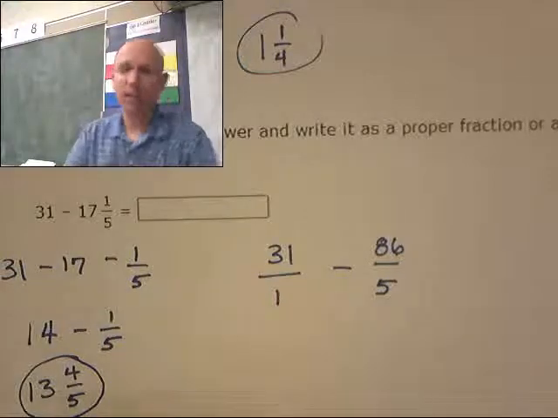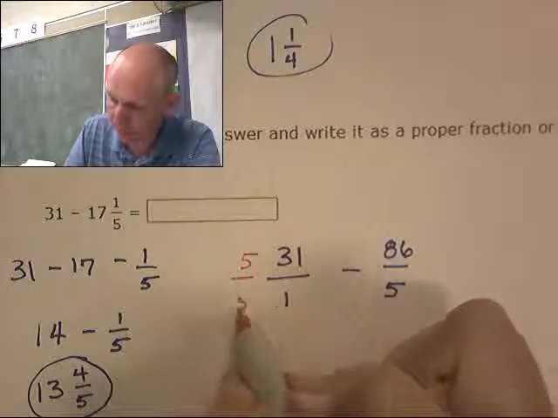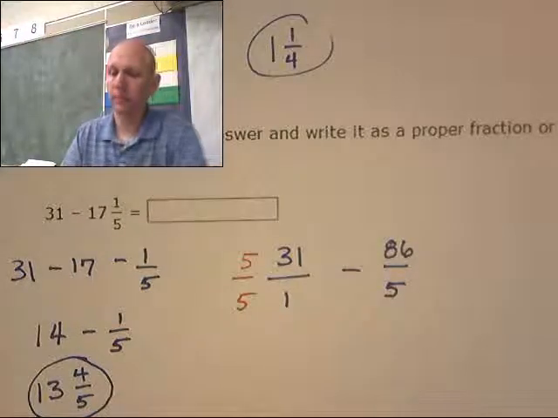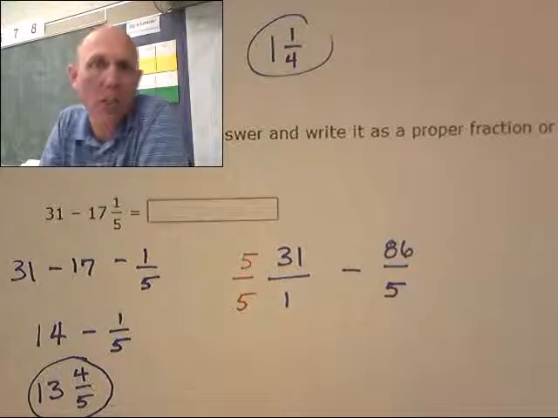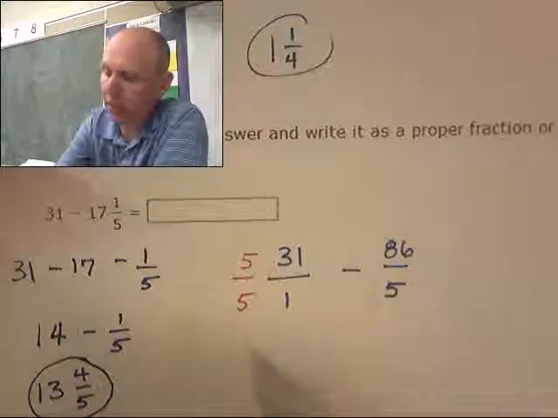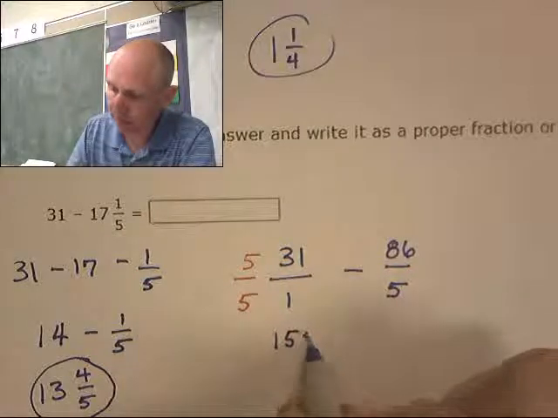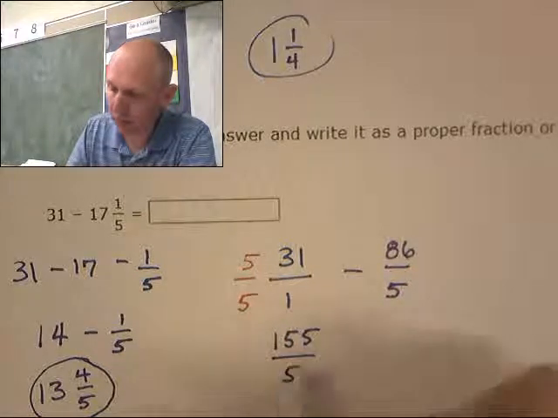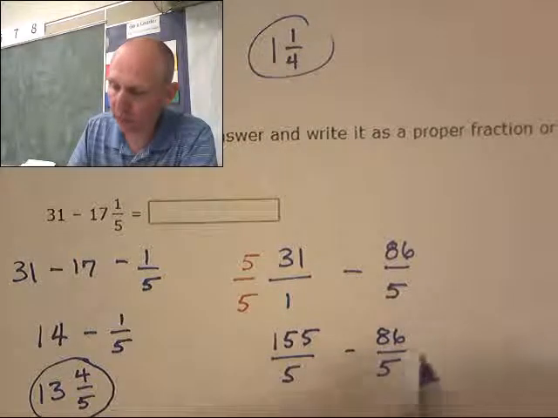And now I'll have to get a fancy 1, take this guy up to a 5 over 5. I'm doing the same problem, but I'm converting everything into an improper fraction. 5 times 31, that's 155 over 5 minus 86 over 5.